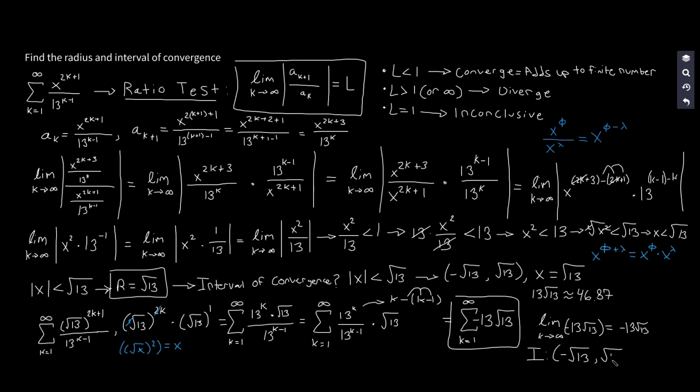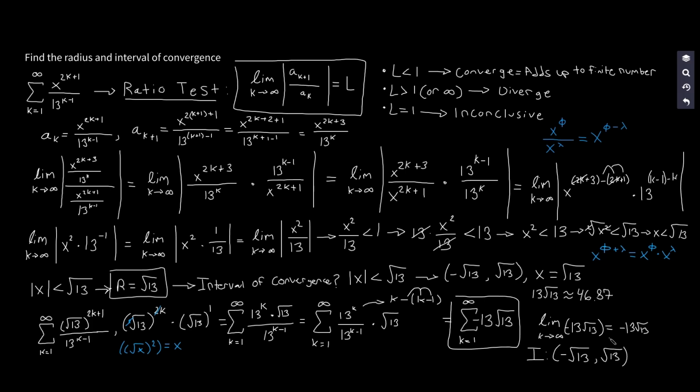The second endpoint is just going to be root 13 with a parenthesis. So they're not included. The interval of convergence is negative root 13 to root 13.